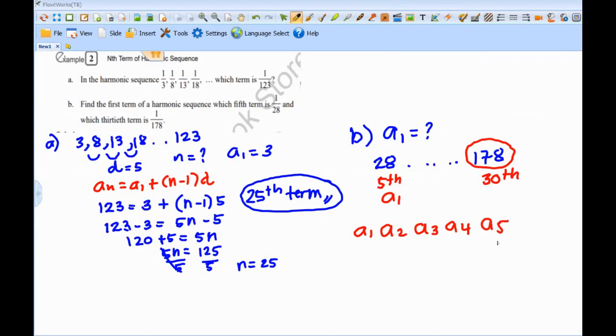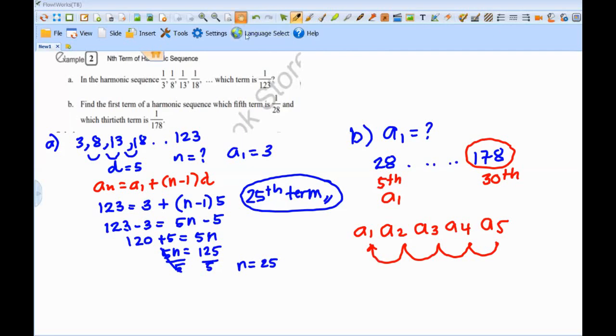Before it was here, right? So we will move how many times? 1, 2, 3, 4. Before it was a sub 5. Then we moved 4 times, so it became a sub 1 as the first number.